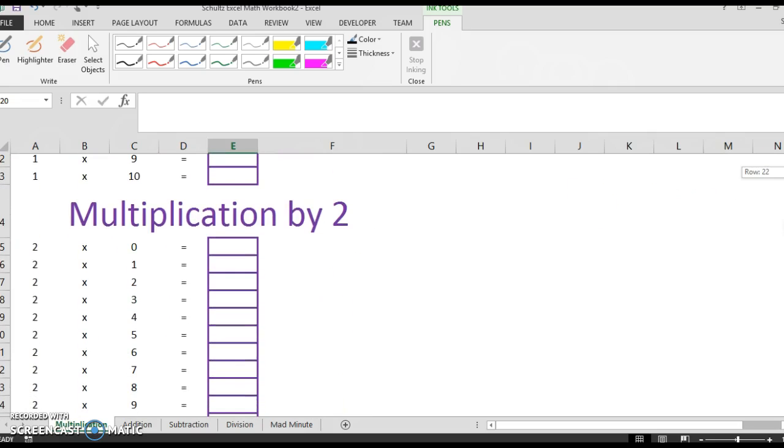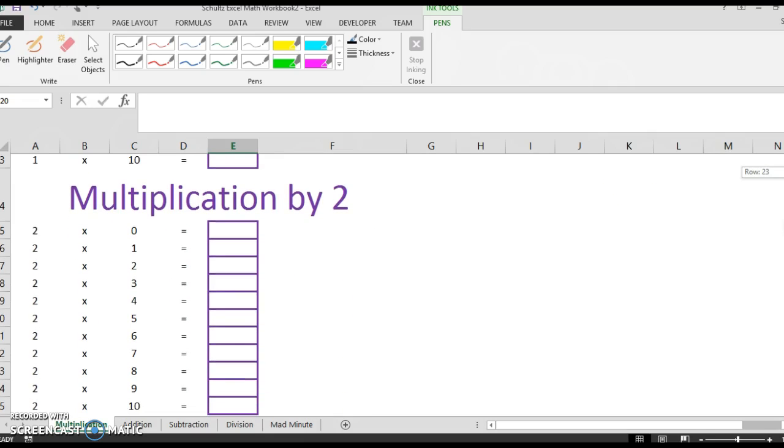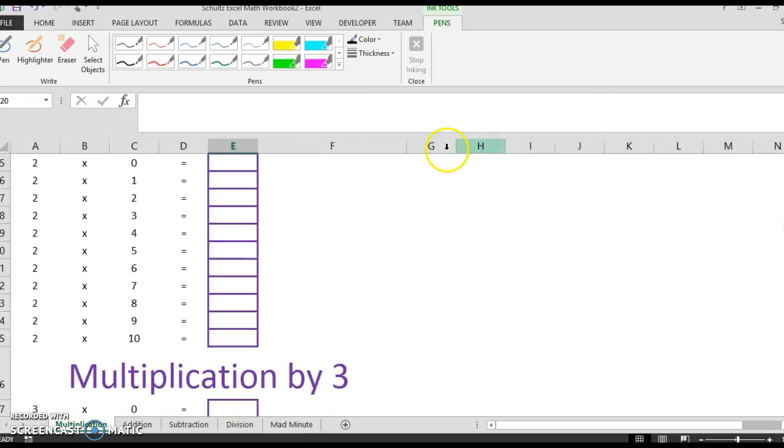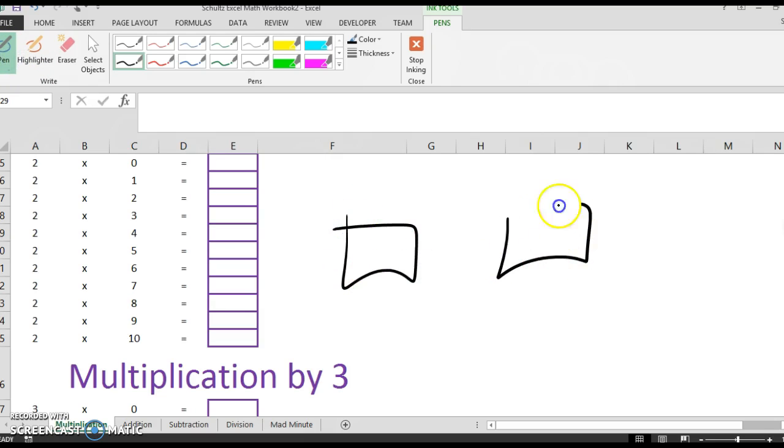And then I'd come down here and do the same thing I did for the 2's. This time I'll pick 2 times 4. So meaning I have 2 groups. So this is one group, this is 2 groups, and I have 4 in each. So I have 1, 2, 3, 4. 1, 2, 3, 4.